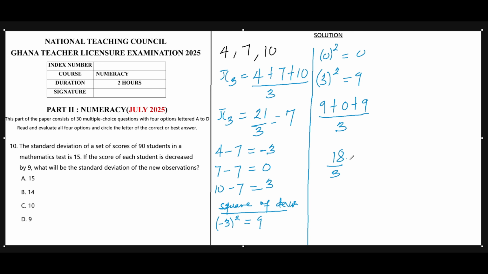And 18 divided by 3 is 6. Finally, the standard deviation will be the square root of this answer, which is 6.